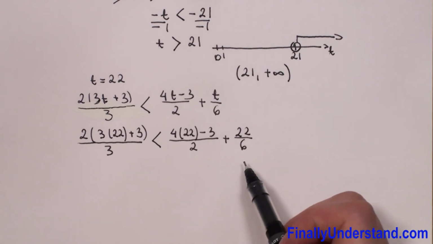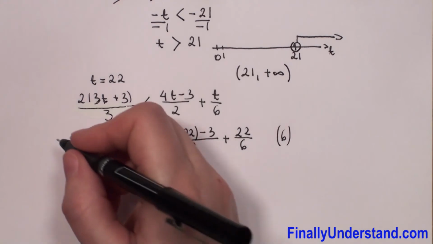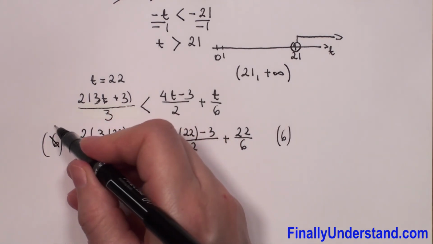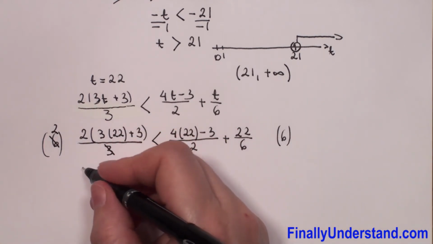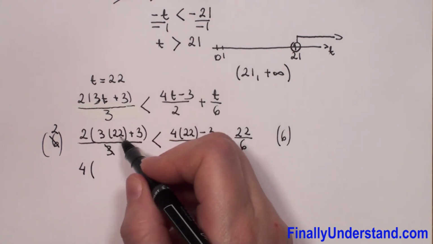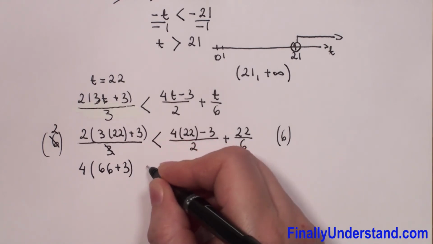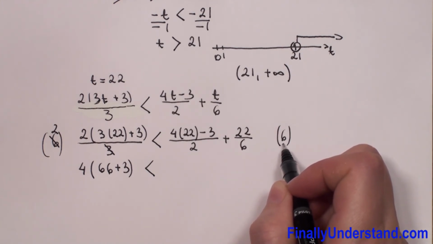To reduce these fractions, I will multiply both sides by the common denominator 6. So 3 and 6 will reduce, will be 2. And we have 2 times 2 will be 4. In parentheses, I have 3 times 22 is 66 plus 3 is less than, first I have to multiply every fraction by 6.